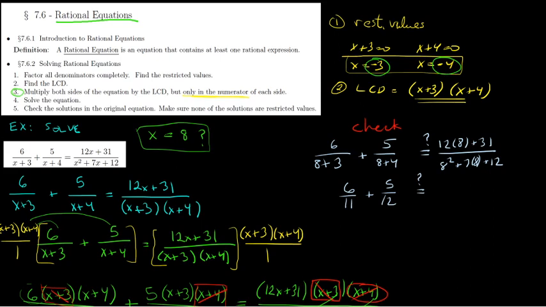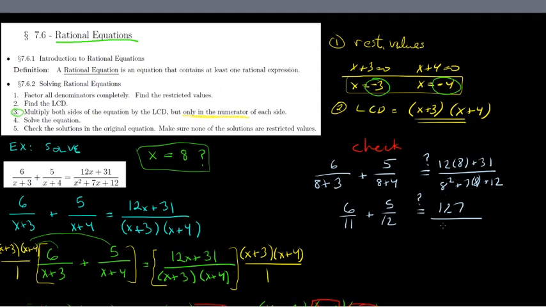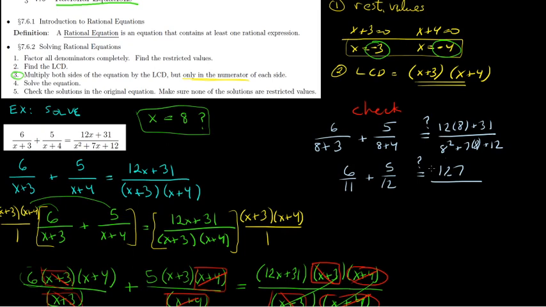And 96 plus 31 is 127. 127 over, so 8 squared I know is 64. So 64 plus 7 times 8 is 56, plus 12, which is 132. So the denominator here should be 132.